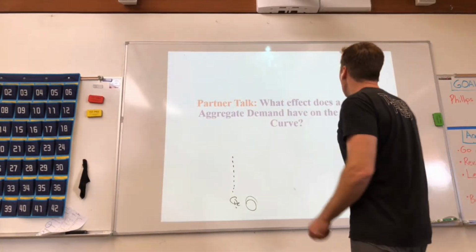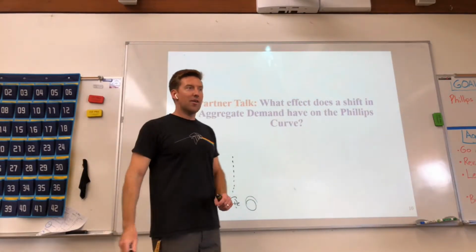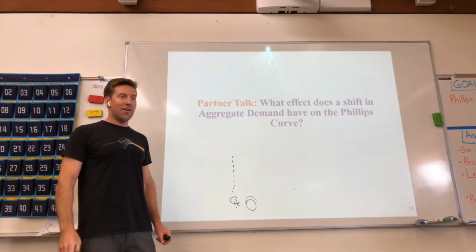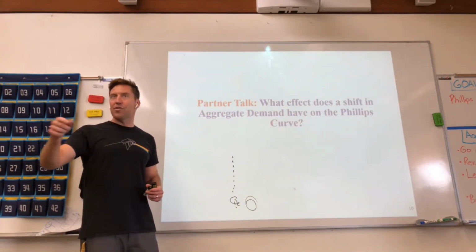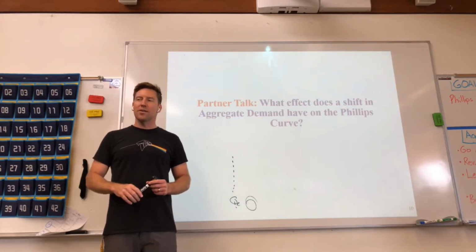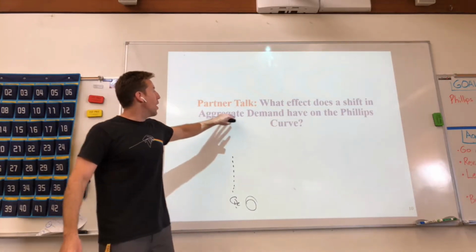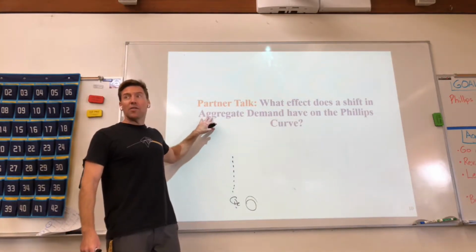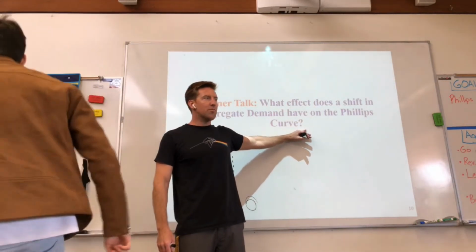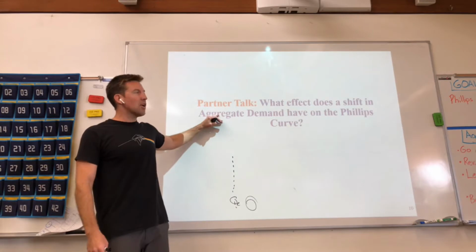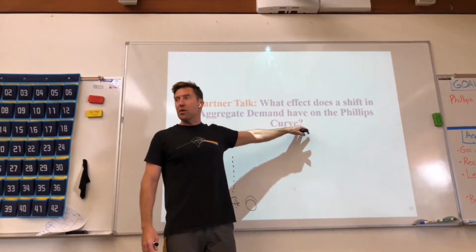Okay, what do we think? What effect does a shift in aggregate demand have on the Phillips curve? Same shift or movement? Yeah, there we go, but opposite, right? So why don't we say a shift in aggregate demand will create a movement along the short run Phillips curve. A shift in aggregate demand will result in a movement along the short run Phillips curve.